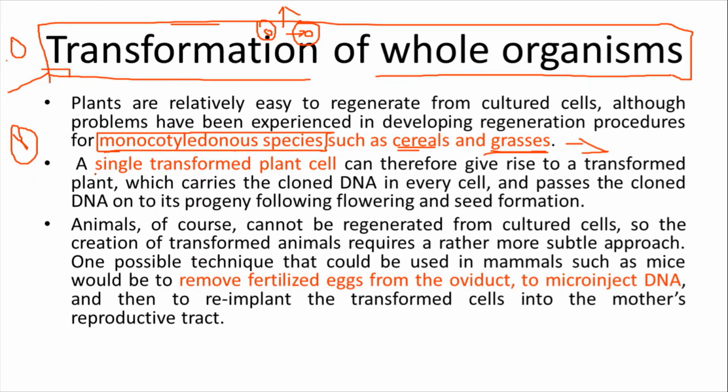Suppose broiler chicken, broiler fish, broiler goat, broiler rabbit. A number of hybrids are there, and those hybrids may be produced by hybrid breeding with this technique.